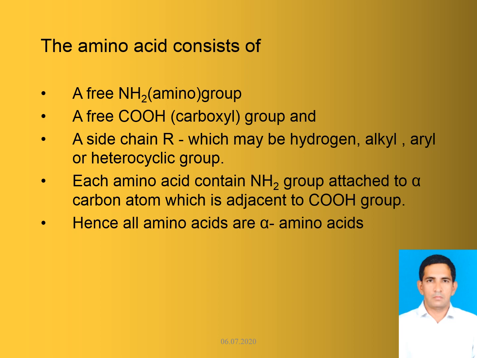In addition to the amino and carboxyl groups, amino acids have a side chain or R group attached to the alpha carbon. Each amino acid has unique characteristics arising from the size, shape, solubility, and ionization properties of its R group.